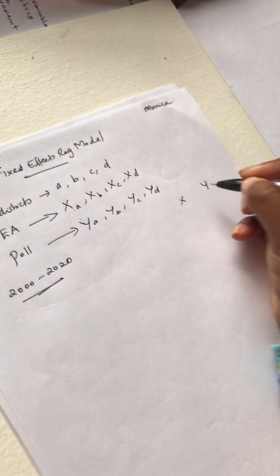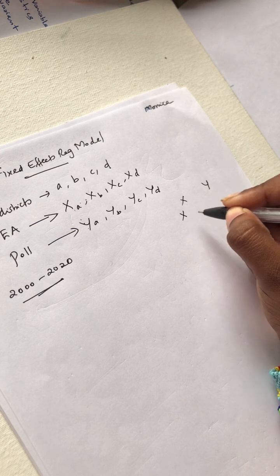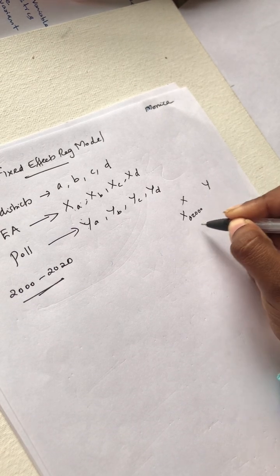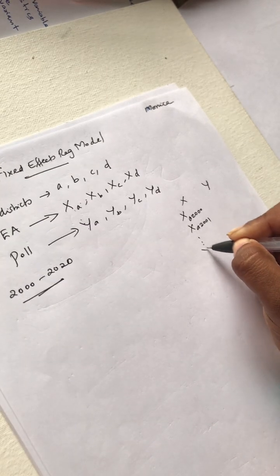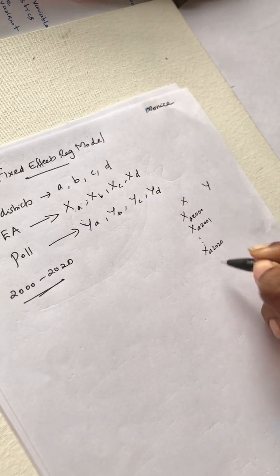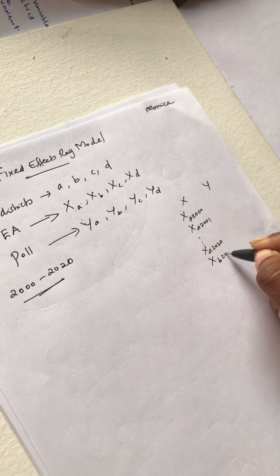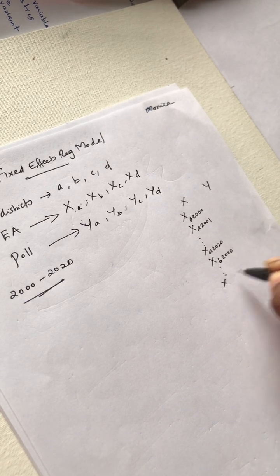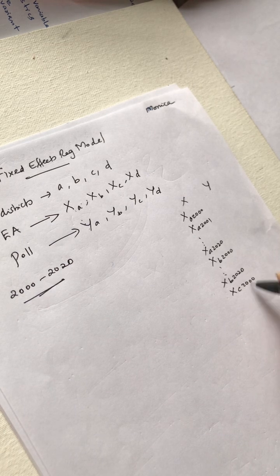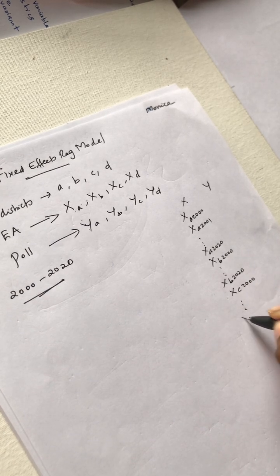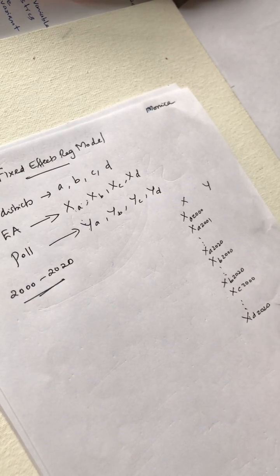So our panel data will be of the form X, Y, where we will have XA 2000, then XA 2001, all the way to XA 2020. Then we will have XB 2000, all the way to XB 2020, XC 2000, all the way, and we have XD 2020.